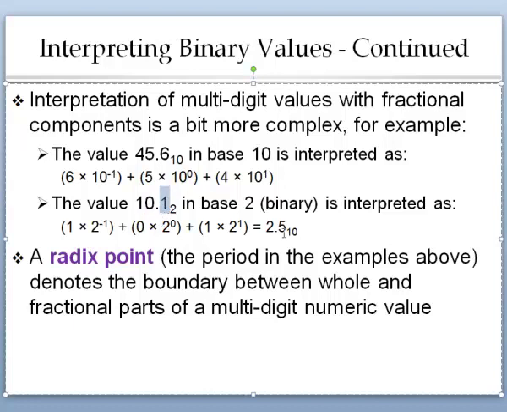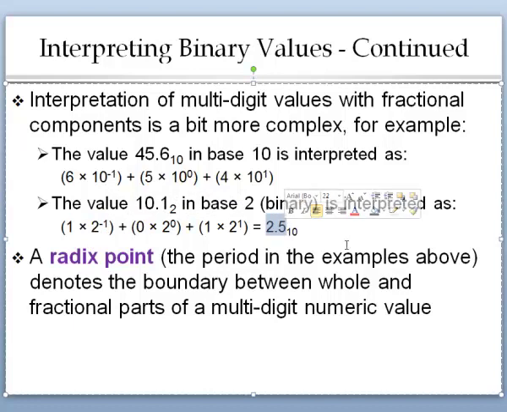So we carried forward the same sort of calculation. This first value is 1 times 2 to the first, which is 2. This second one is 0 times 2 to the 0th, which is 0. And this third one is 1 times 2 to the -1, or 1 times 1/2. And so we wind up with 1/2 plus 0 plus 2, which yields 2.5 in base 10.